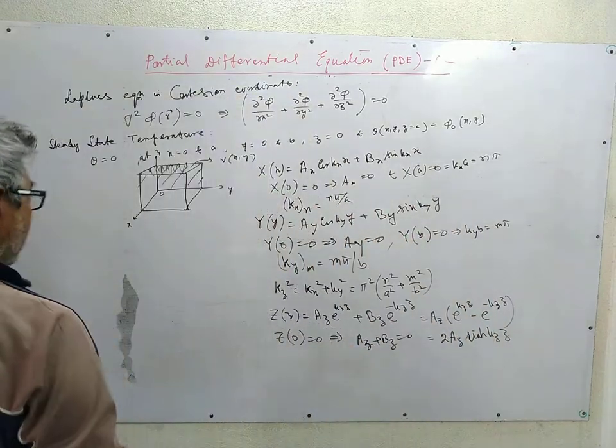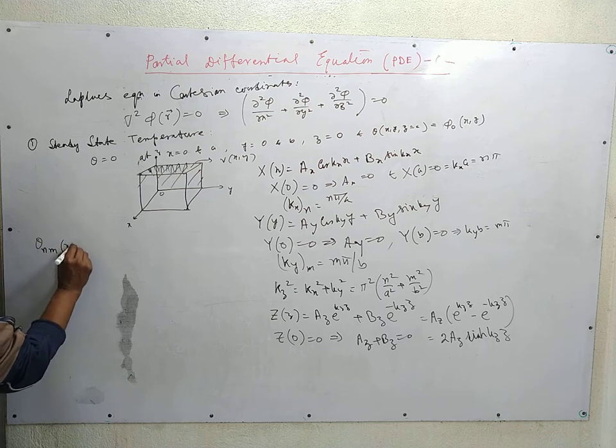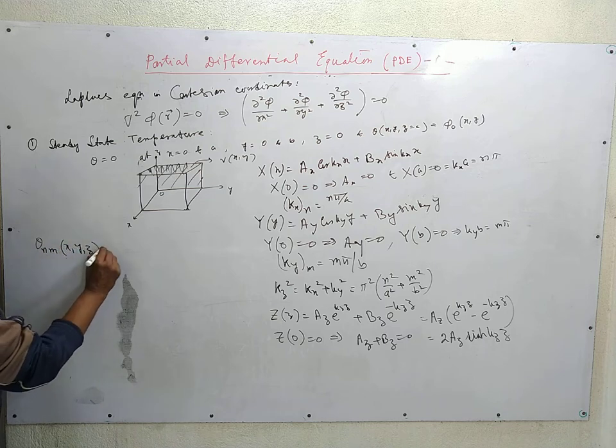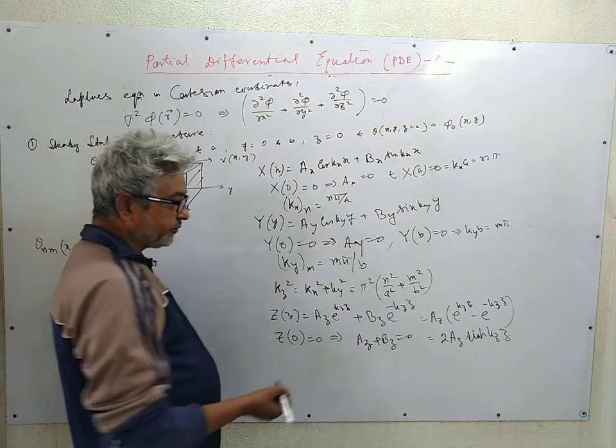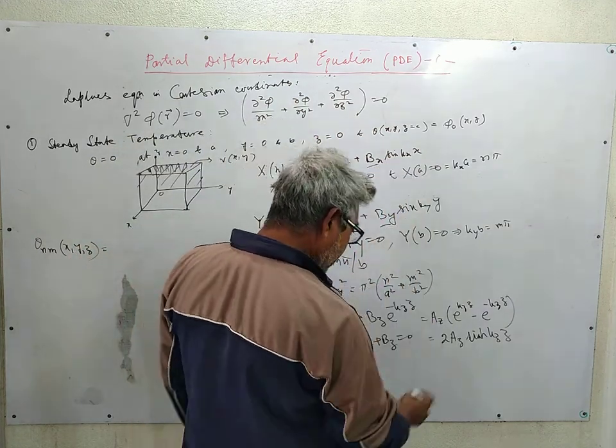So the solution theta depends on two numbers n, m, and x, y, z. The constants are this constant ax, this and this.